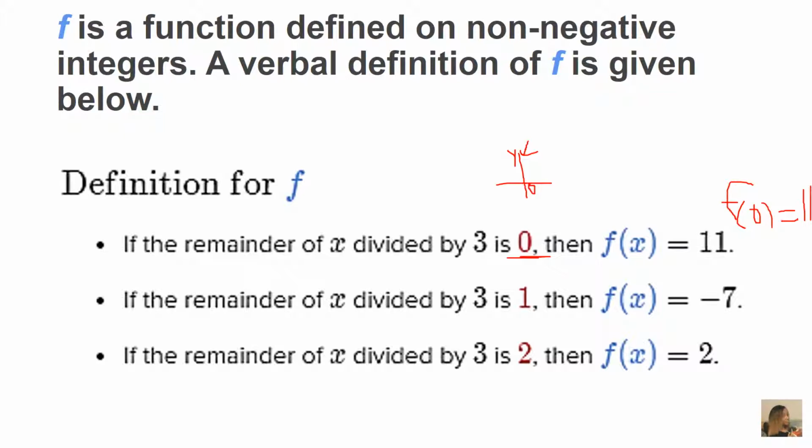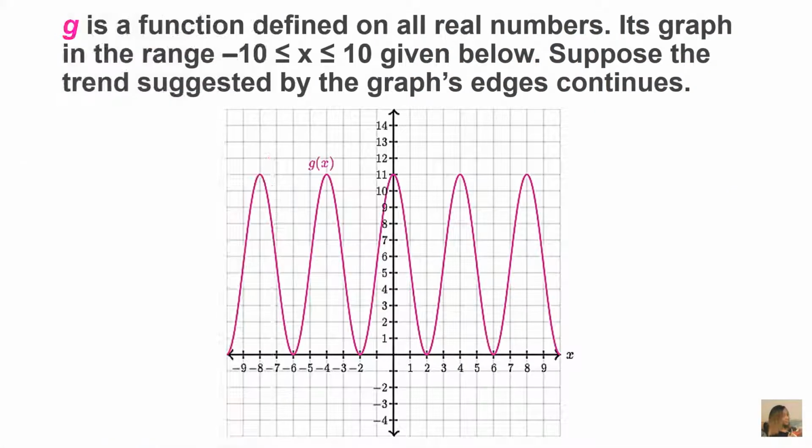Okay, now let's look at function g to determine if it has the same y-intercept as function f. So again, the y-intercept occurs when x is set equal to 0, and g of 0 yields this value right here, which also happens to be 11.